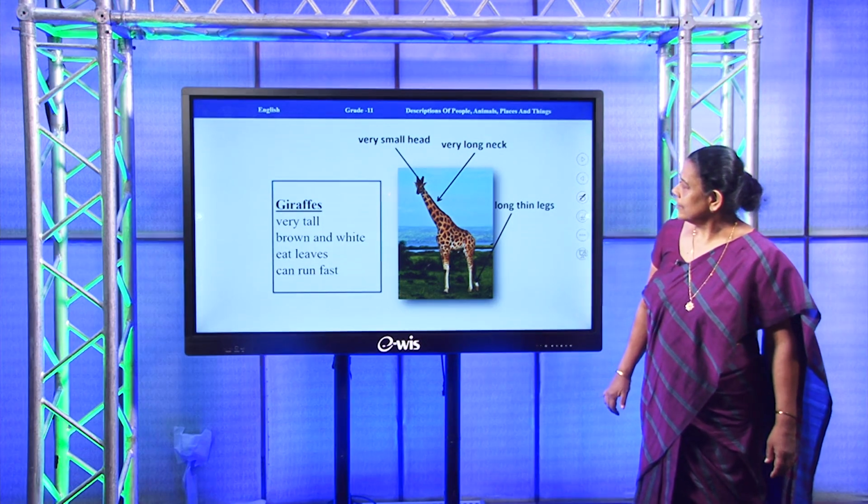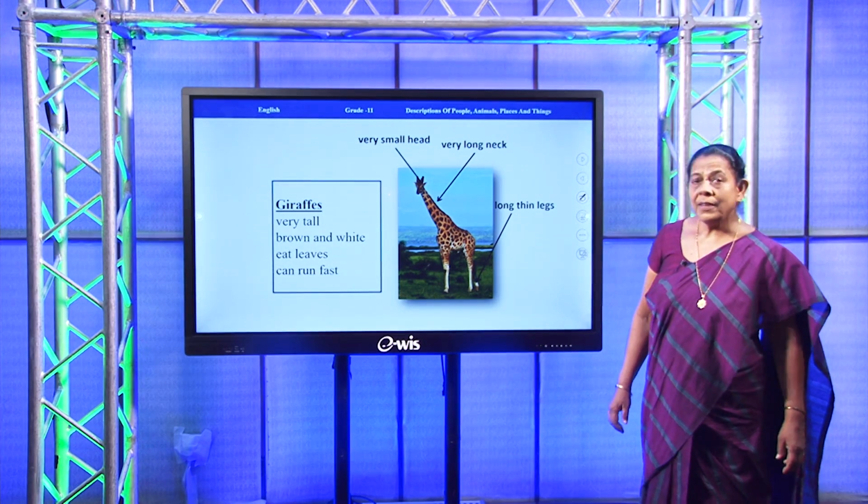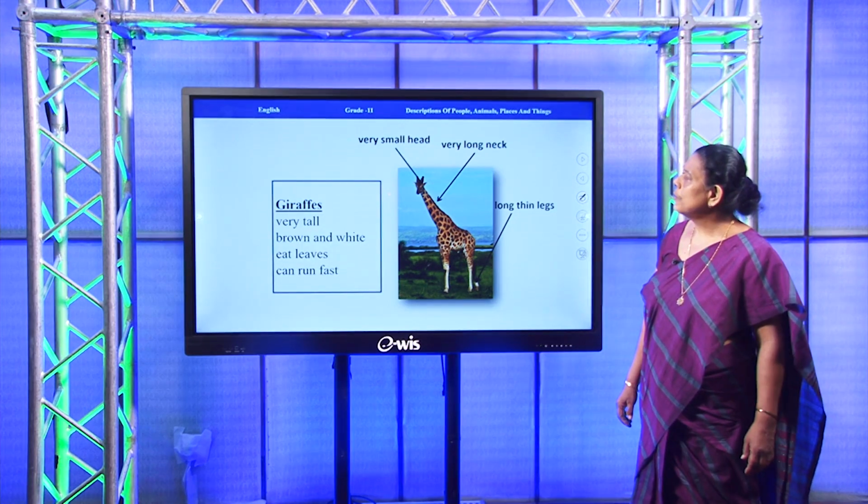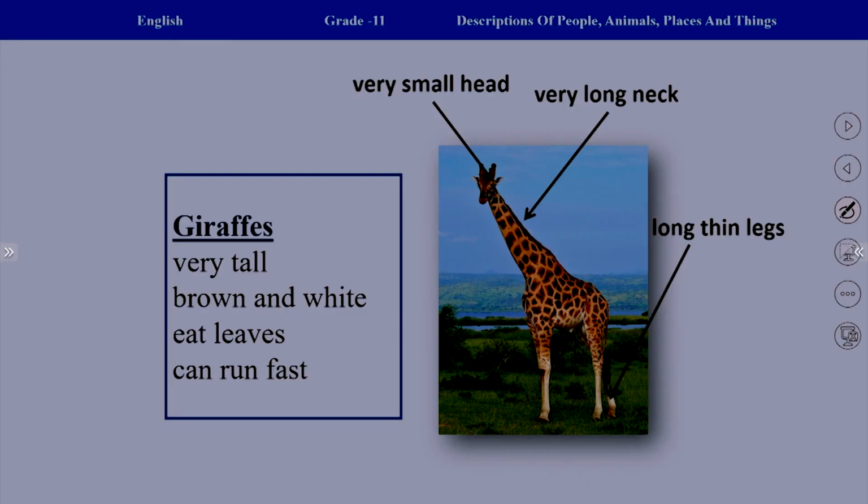Shall we read the clues given again? Very small head, very long neck, long thin legs. Very tall, brown and white, eat leaves, can run fast.